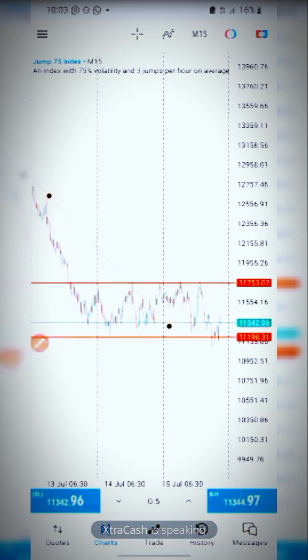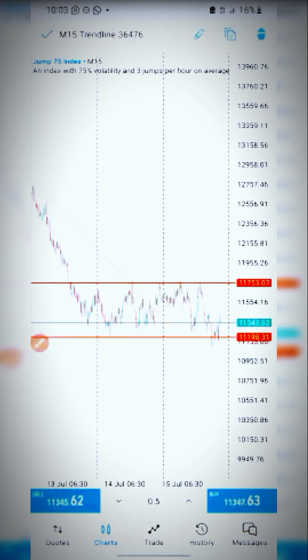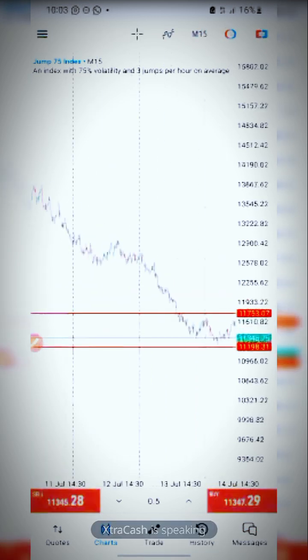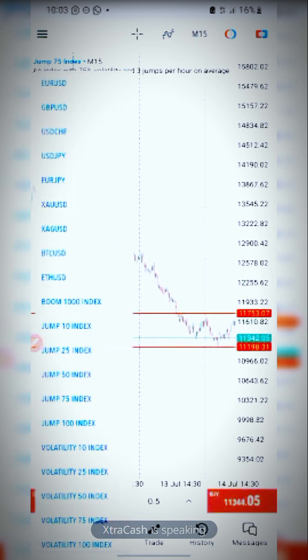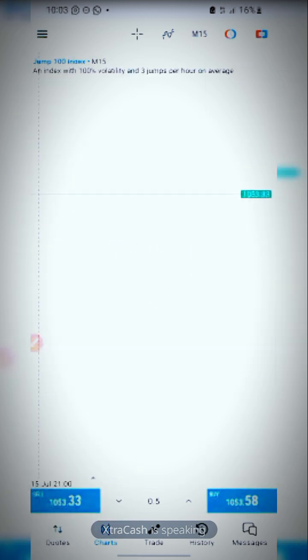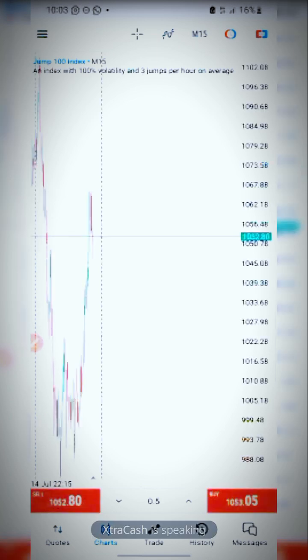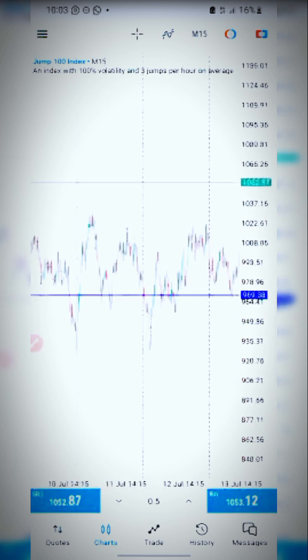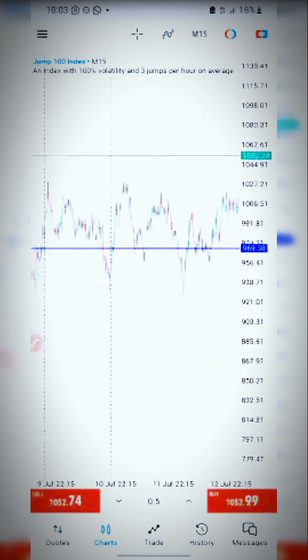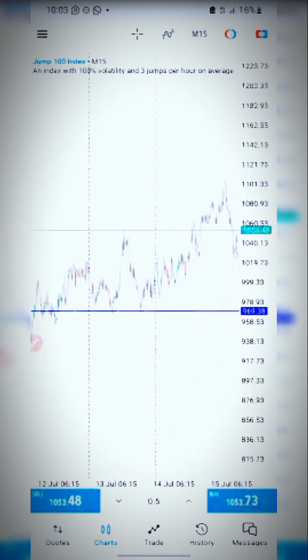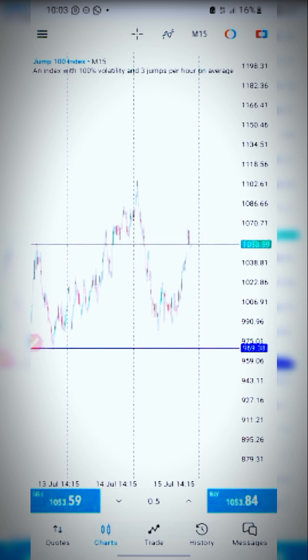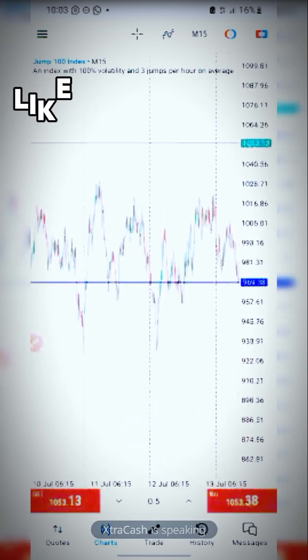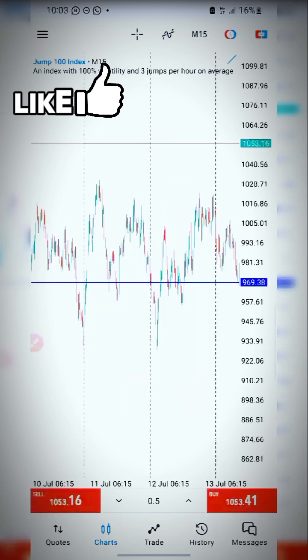Currently market is ranging. So we can't say this market is trending. Let's see if we can see another trending market. Most of the pairs I saw today they were ranging. No direction here yet.